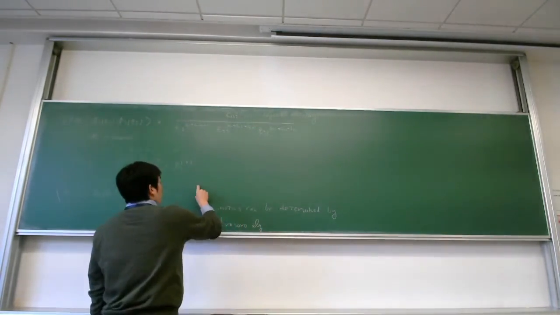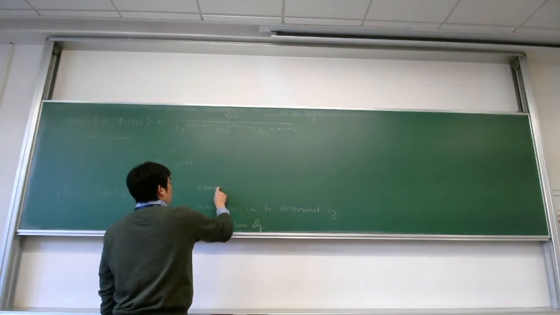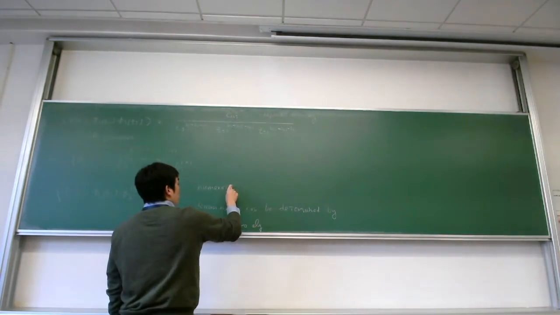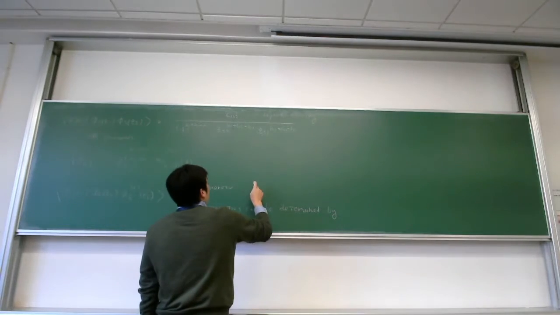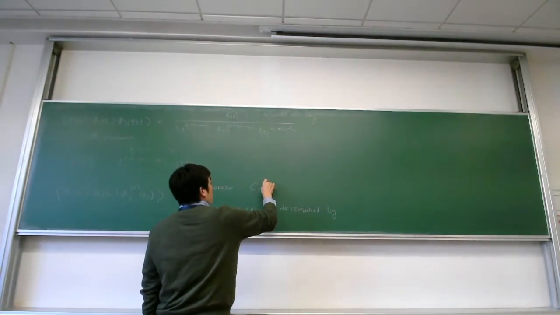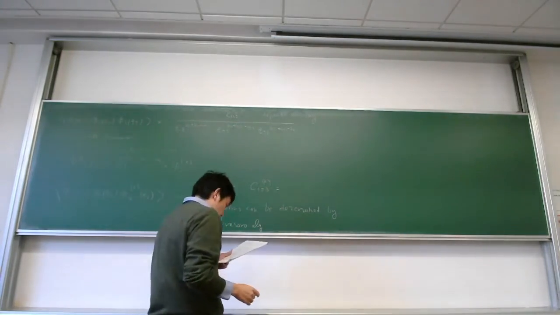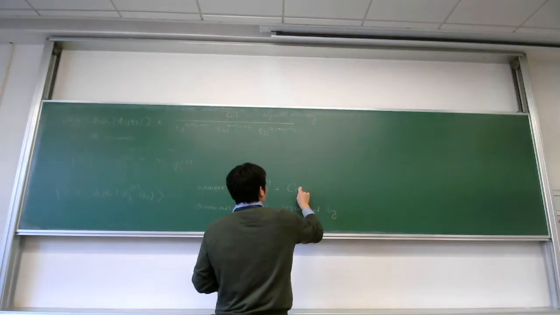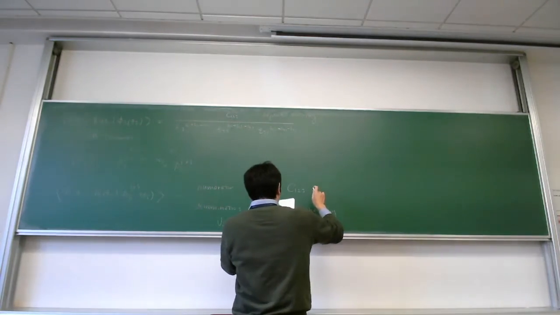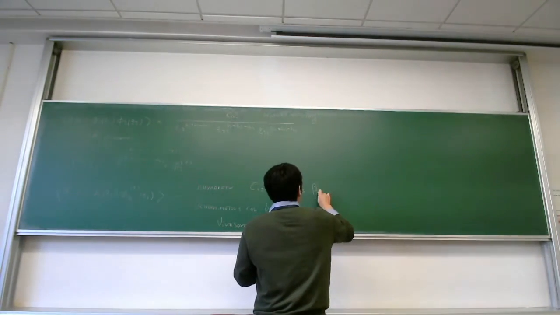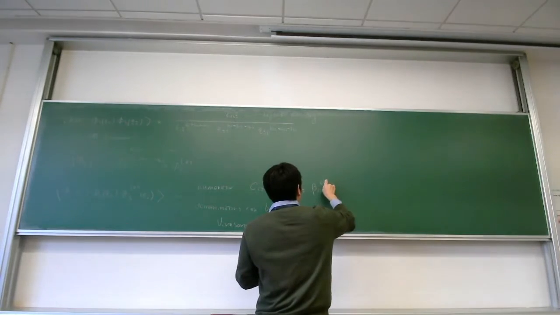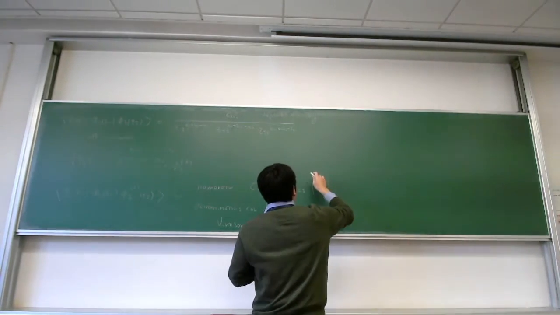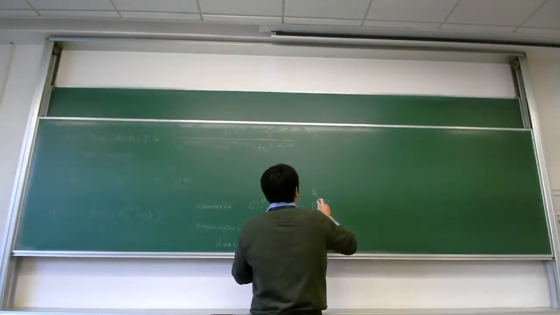On the other hand, the numerator C123k can be written as follows: C123 and then beta 123k. And this one can be determined by the BPZ equation.